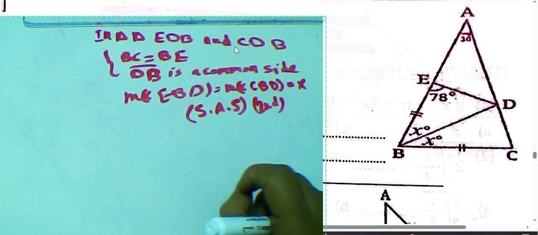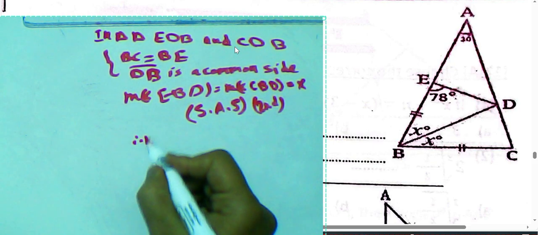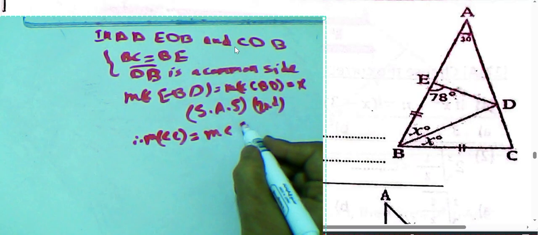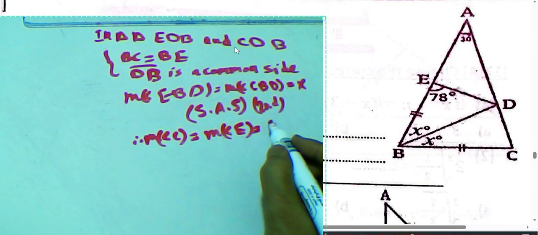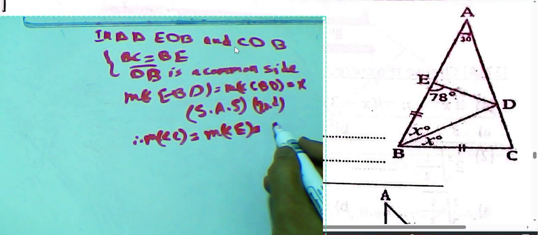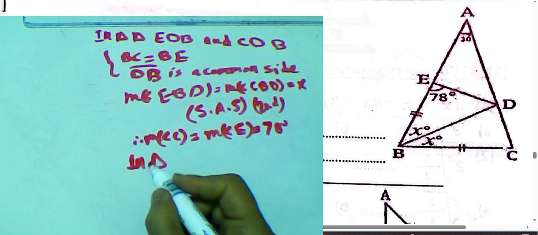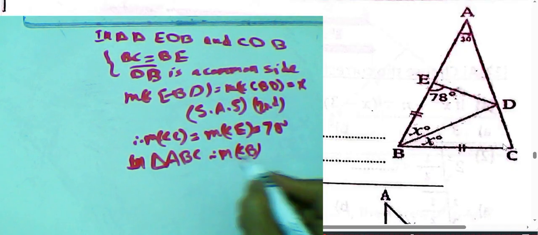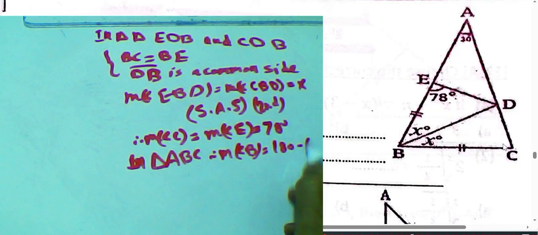Then they are congruent. The measure of angle C equals the measure of angle E, which is 70 degrees. Now in the larger triangle ABC, we can find the measure of angle B equal to 180 subtract 70 plus 30.